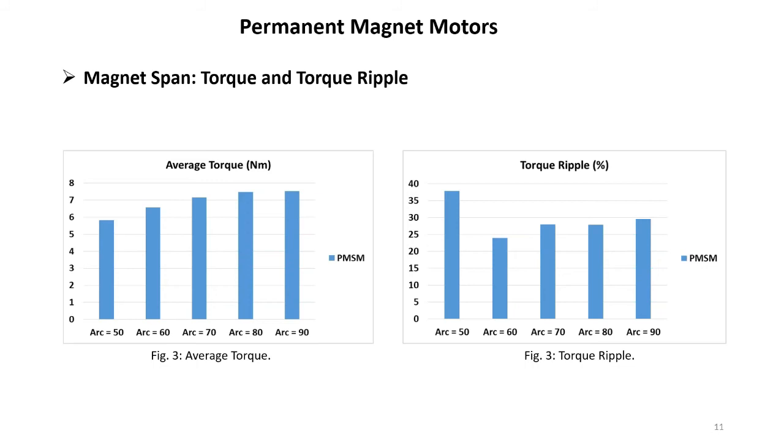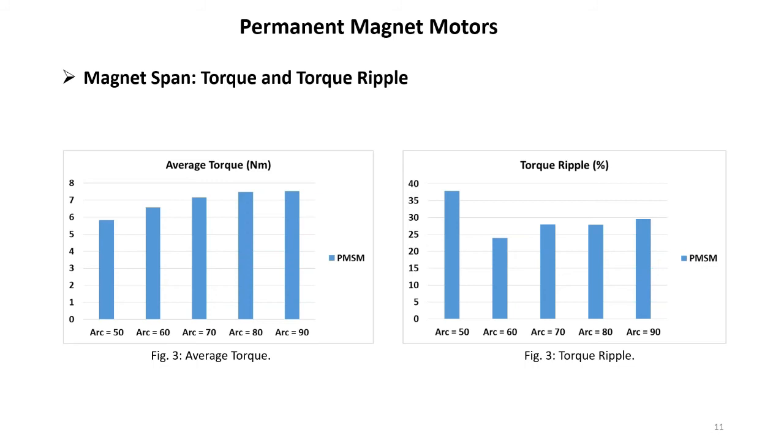But there is a but here. If you see in the right figure, the torque ripple is also increasing. So it is true, by increasing the magnet arc, we are increasing the generated torque, but at the same time, we are increasing the torque ripple.